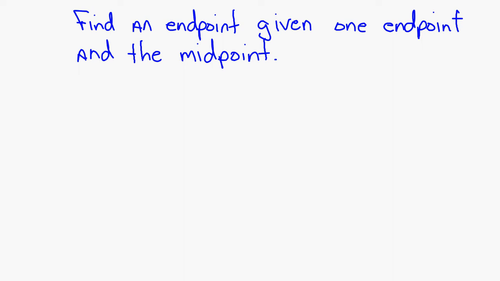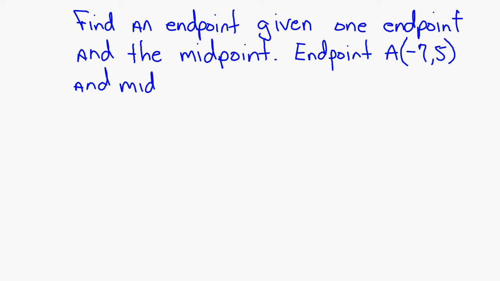So let's say endpoint A is at -7, 5, and midpoint P is at 6, 9.